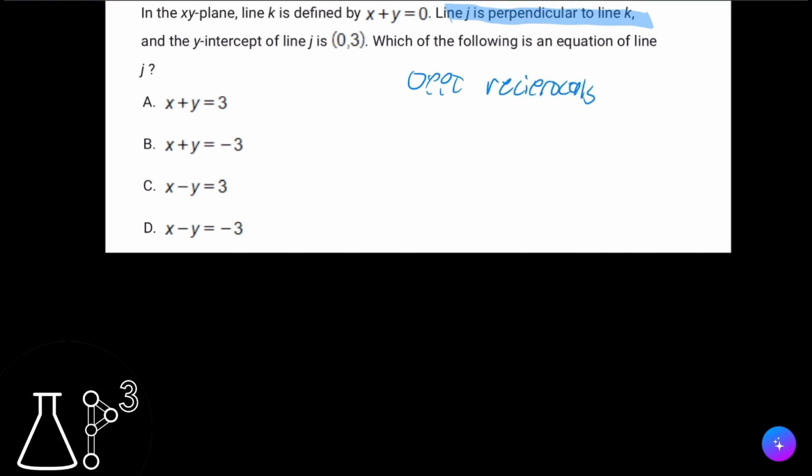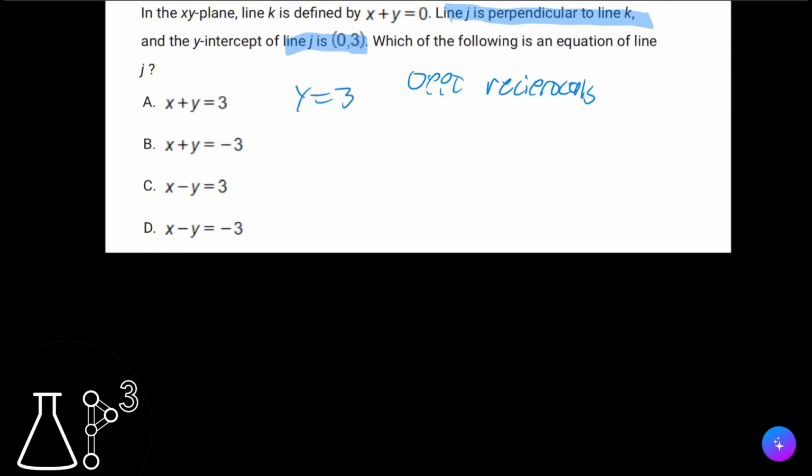And we're given that line J has the y-intercept of (0, 3). What does that mean? That basically means when x equals 0, I get y equals +3. So before I do anything, let's go through every single answer, A, B, C, and D, and make sure that when I plug in x equals 0, I get +3. If I do the first one, I'm left with y equals 3, so that statement is true.